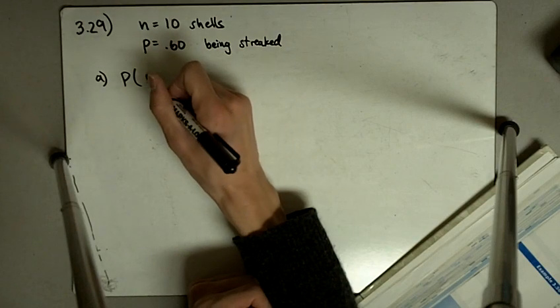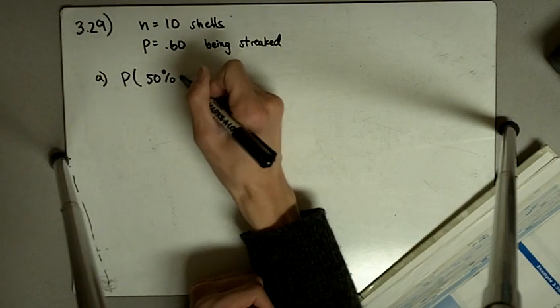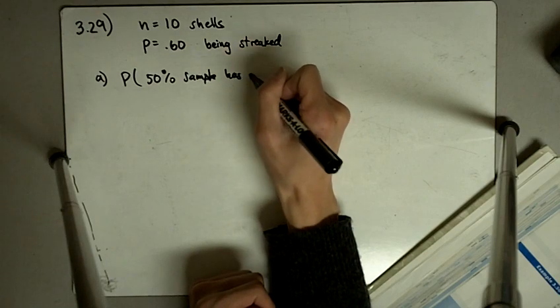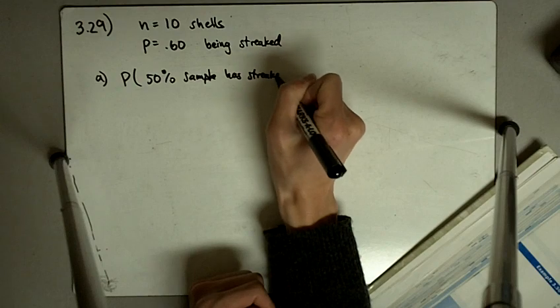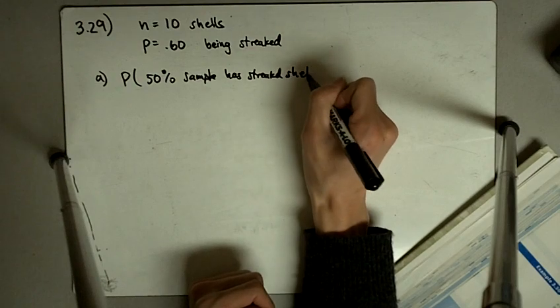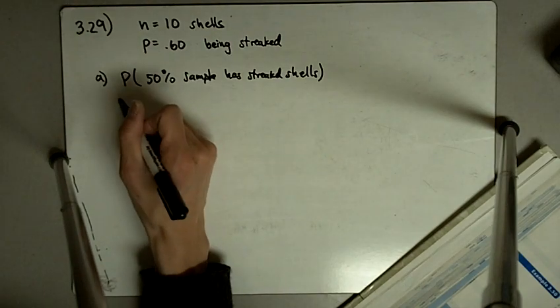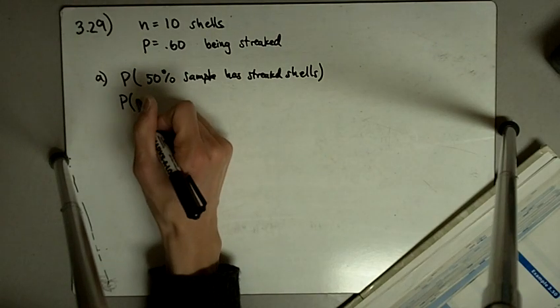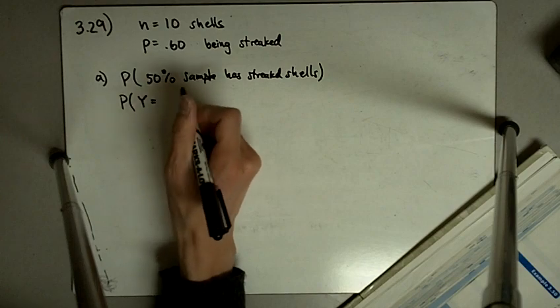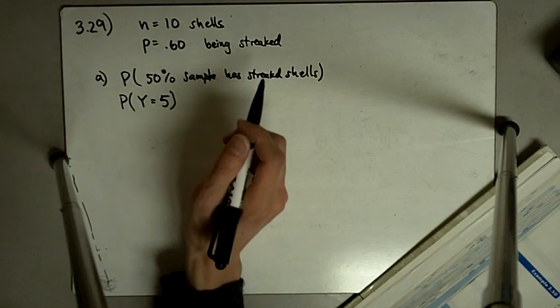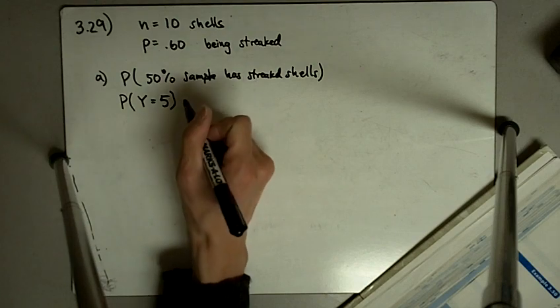So 50% of the sample has streaked shells. In other words, out of a sample of size 10, we're curious what the probability is that y equals 5. That's going to be 50% of our sample of 10 shells.